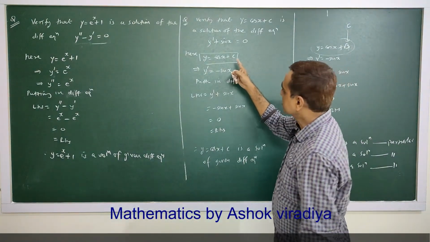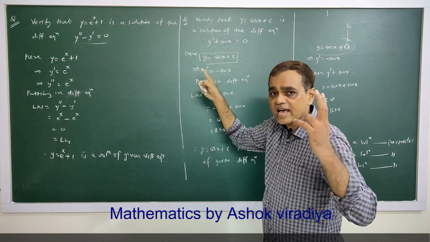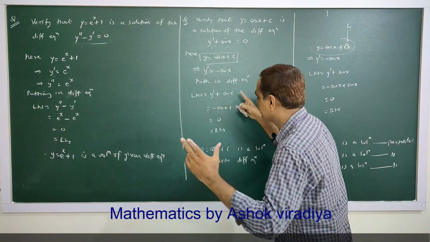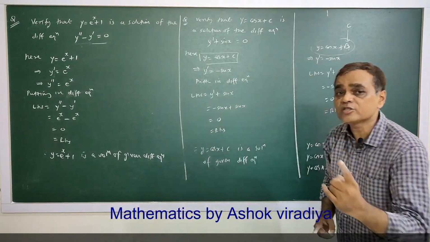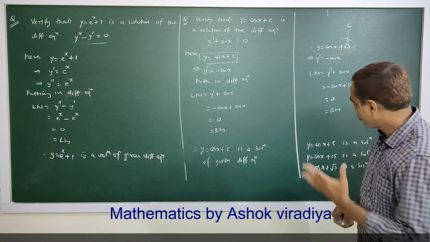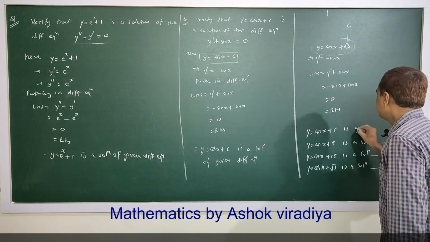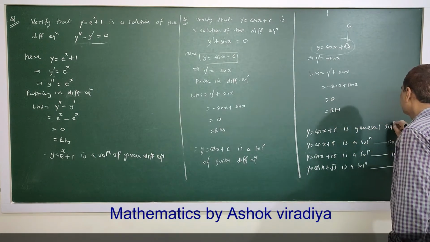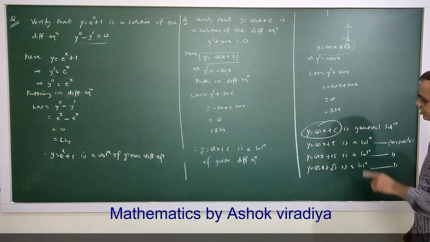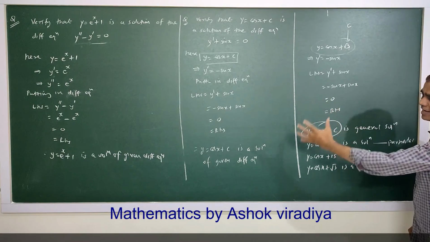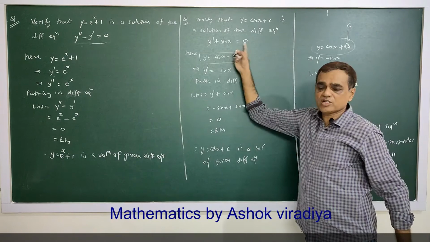And in this equation, c is any arbitrary constant, and any solution containing an arbitrary constant is said to be a general solution. So in this discussion, y equal to cos x plus c is the general solution. And changing the value of c every time, every member satisfies the given differential equation.